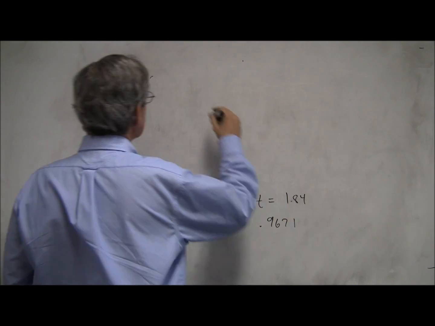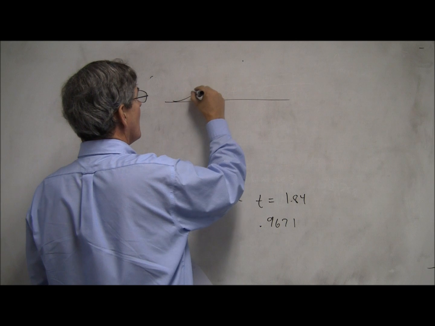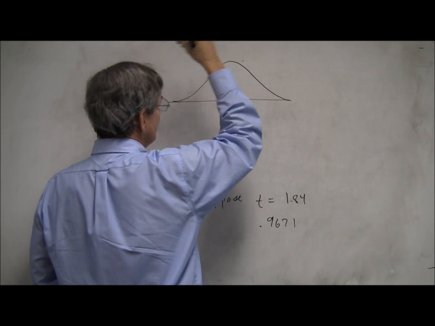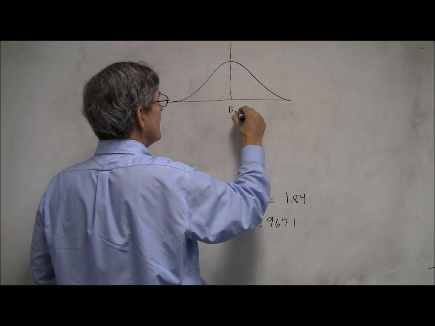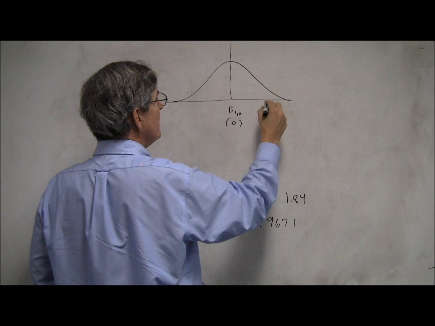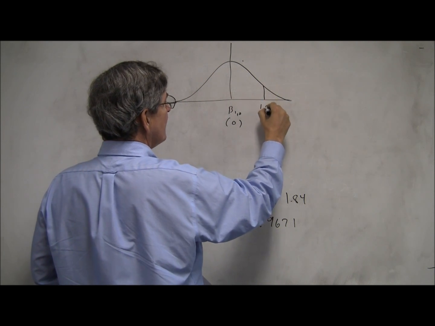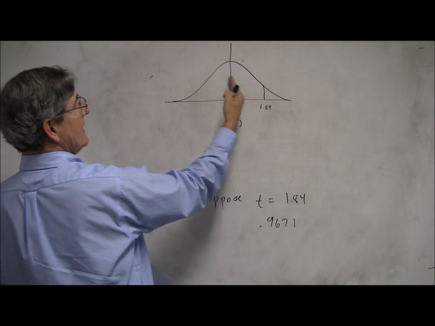So you've got a normal 0, 1. The t is distributed normal 0, 1. And so this is a normal distribution. It's centered on beta 1 0, which in our case is 0. And this number that we've looked up, 1.84, that 0.9671 is the area to the left of that.